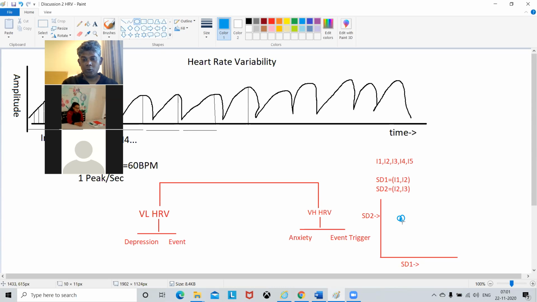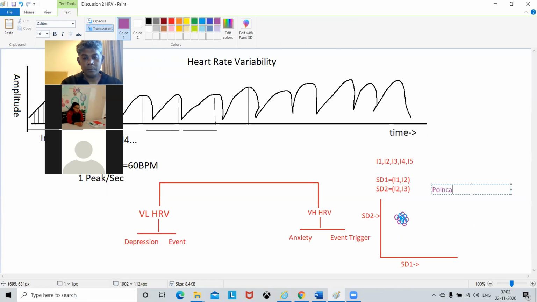Both SD1 and SD2 will appear like a cluster, something like this, and even SD2 will appear almost close to this. This curve is known as the Poincare curve in heart rate variability terminology. So you'll get almost a single cluster.